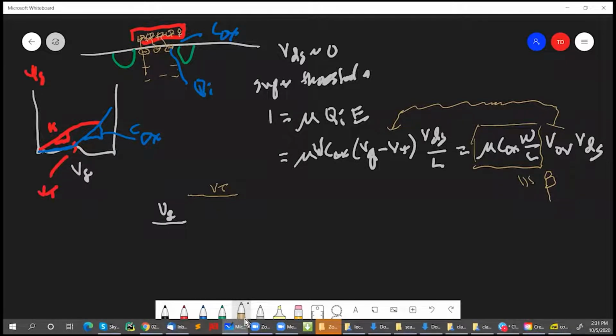Sorry, that's the source voltage here. This end. Okay, and then we have a gate voltage, VG. Okay, it's some overdrive above VT. So in that sense, the source is inverted by the overdrive. The source end of the channel is inverted by the VG minus VT overdrive. Does this make sense?